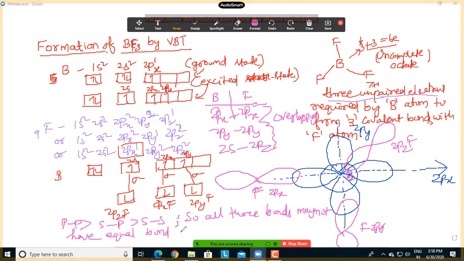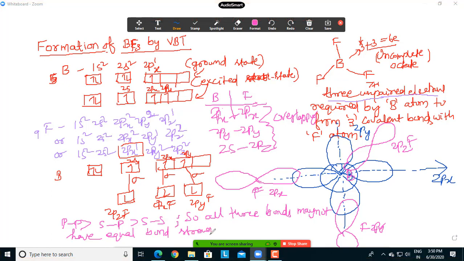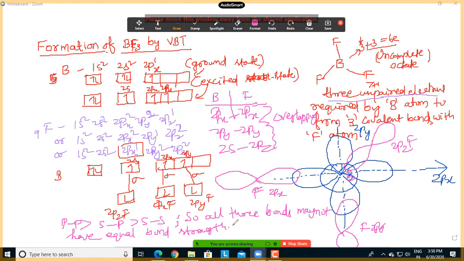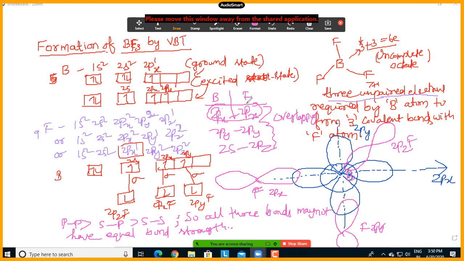So 2 bonds will be equal, but one will not be equal with other 2. This is the observation from the theory.